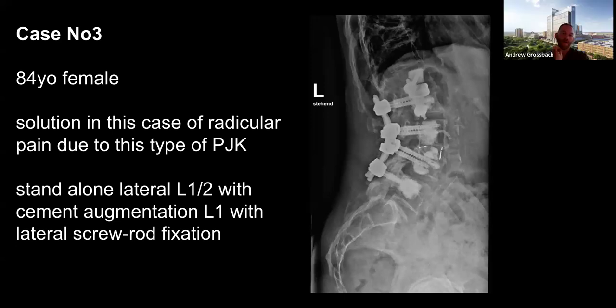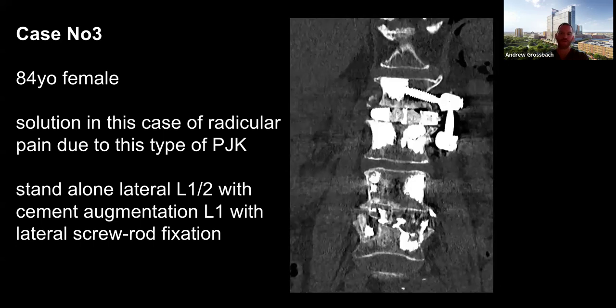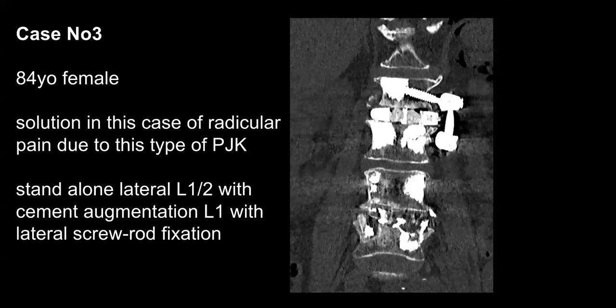For the lateral screws and rod, what retractor system do you use to get all that in? You can see here, this is the standard pedicle screw system. It's CFX, cortical fenestrated. It's the same pedicle screws as I use for pedicle screws.